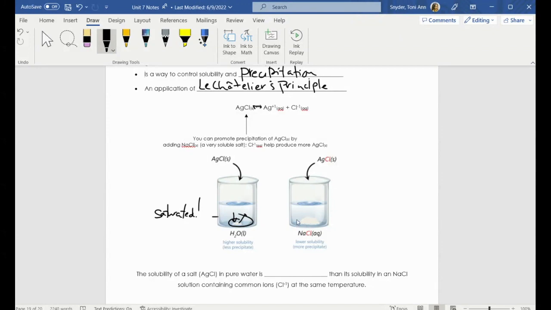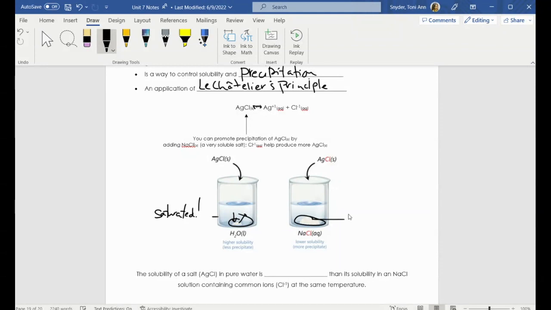But if I have a salt solution and I add some silver chloride to that, I'm adding this silver chloride to a solution that already has a lot of chloride ions. So because there's a very high concentration of chloride ions to begin with, I can produce even more silver chloride solid.